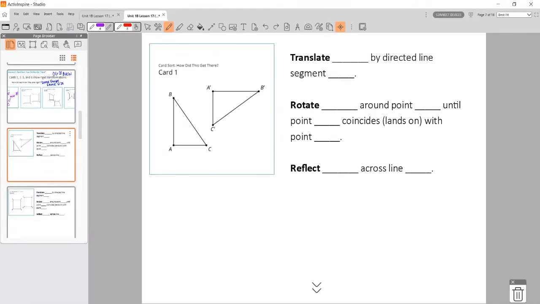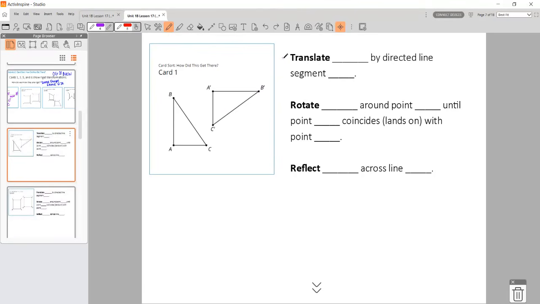Congruent shapes and rigid transformations are interesting because we can follow this exact order: translate, rotate, reflect. If shapes are congruent, this will bring one shape onto the other every time. We don't always have to use all three of them, okay?